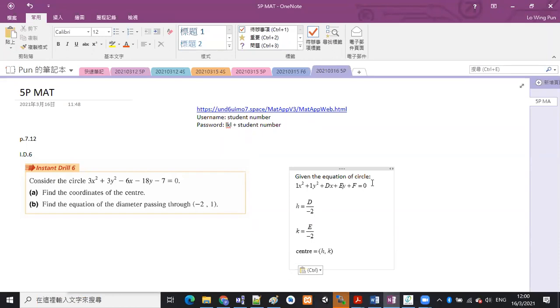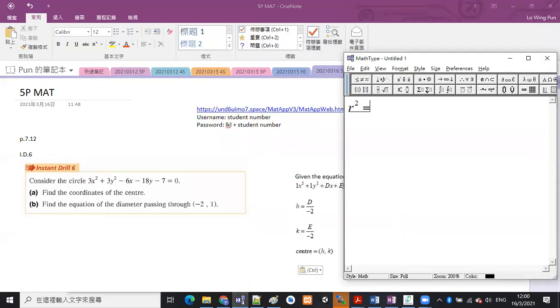The radius r squared is equal to h squared plus k squared minus f, which means r is the square root of h squared plus k squared minus f.